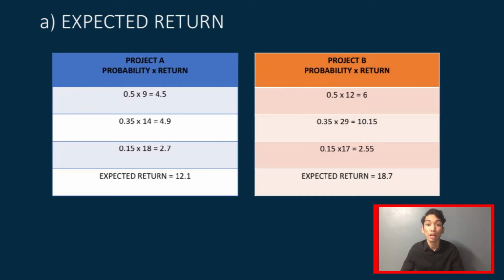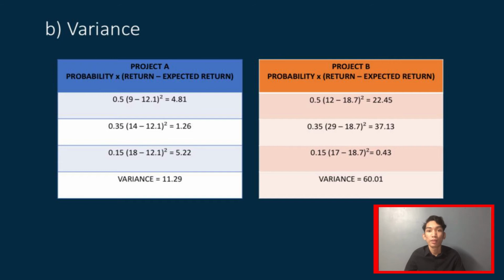First 0.5 times 12 equals 6, second 0.35 times 29 equals 10.15, and last 0.15 times 17 equals 2.55. The total expected return of project B is 6 plus 10.15 plus 2.55 equals 18.7.